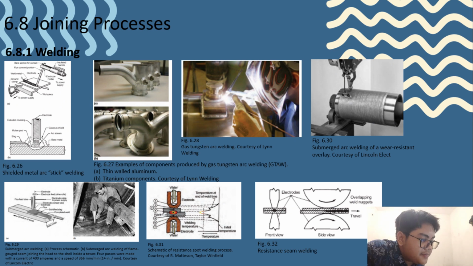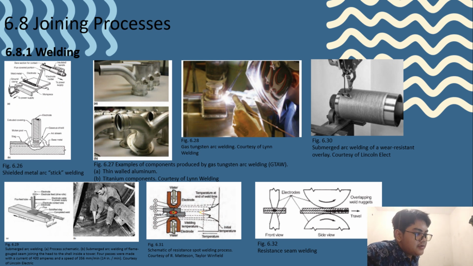In the A figure, we can see a process schematic. In B, it's submerged arc welding of a flame-cut steel joining the head to the shell of a tower. Four passes were made with a current of 400 amperes at a speed of 356 millimeters per minute.